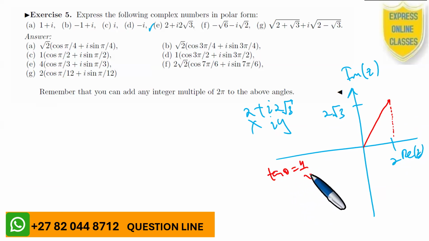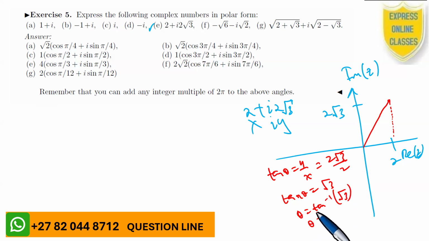The tan theta is y over x, and y is 2 times the square root of 3 over x, which is 2. Which is the square root of 3, arctan the square root of 3. Opposite over adjacent. So special triangles, if this is the square root of 3, 1, 2, pi over 6, pi over 3.